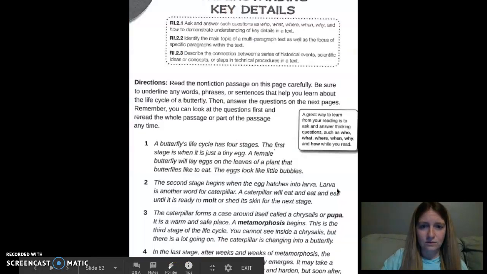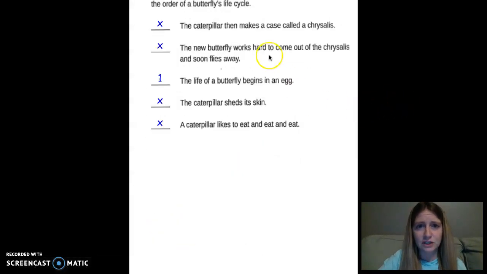All right, let's read paragraph 3. If you wanted to, actually, you could go to that last page and see what should number 2 be. Well, it didn't make a chrysalis yet. It's not a new butterfly. The caterpillar sheds its skin, or it likes to eat and eat.